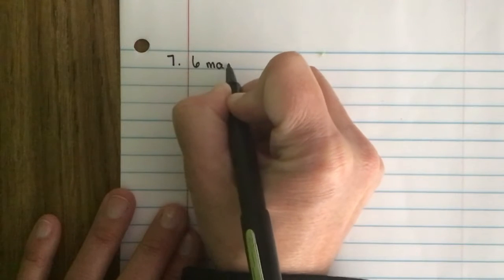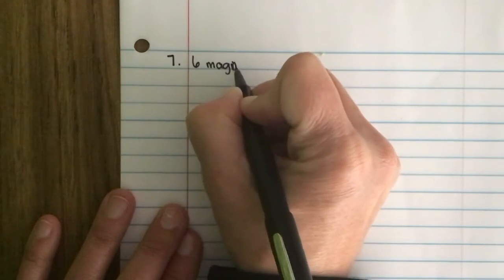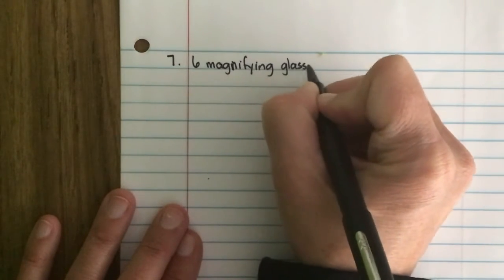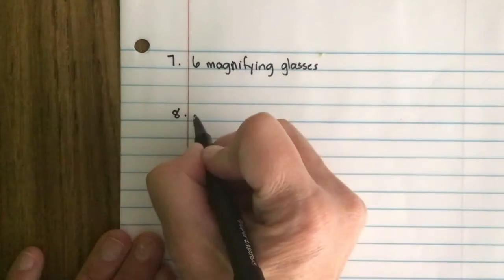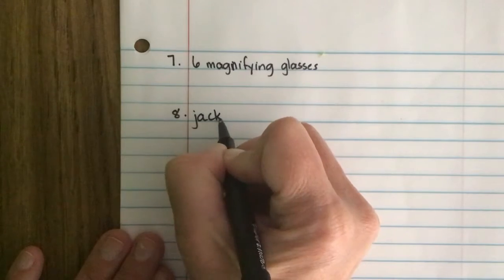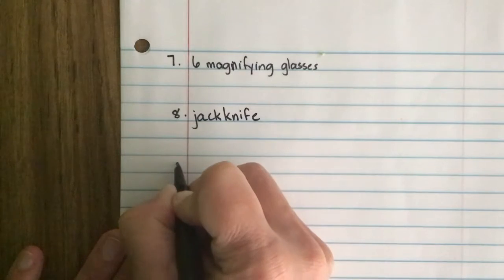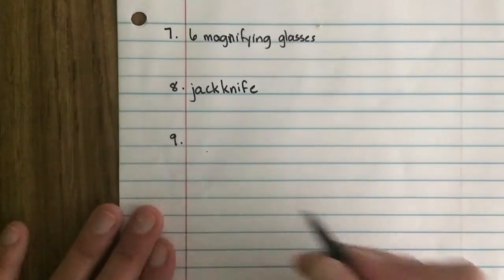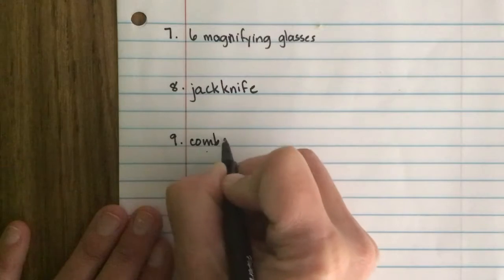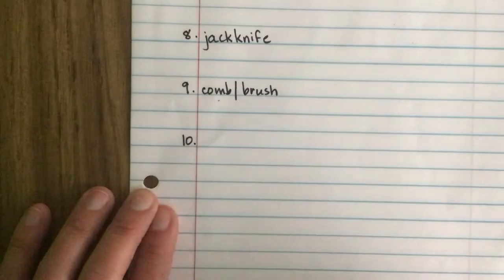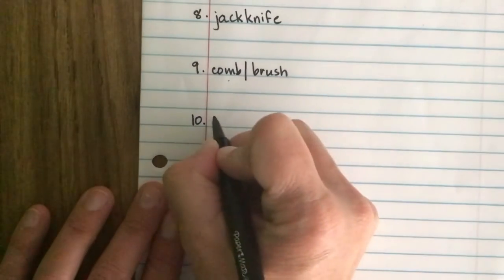Ooh, this was a fun one. 6 magnifying glasses. We just learned about that one. That was a fun chapter. A jackknife. Comb and a brush. Seven hair ribbons.